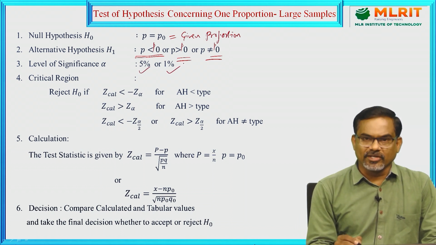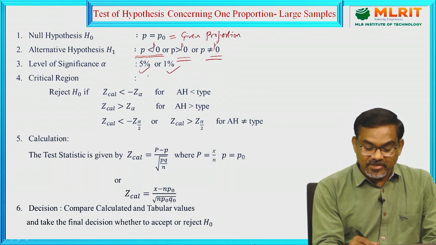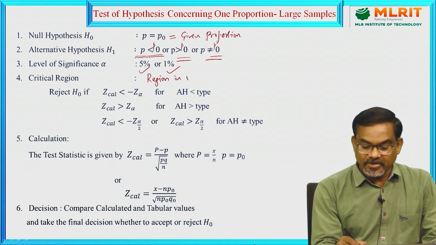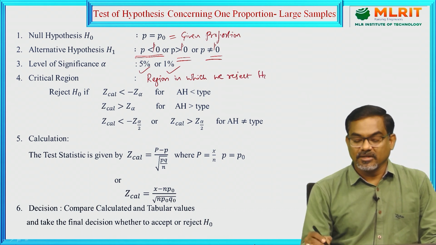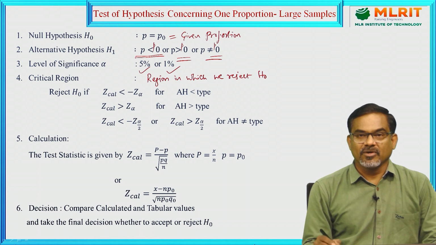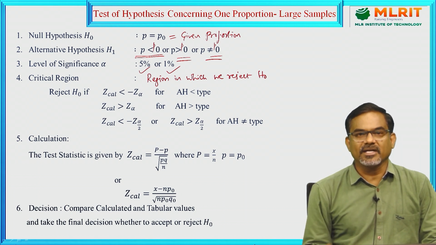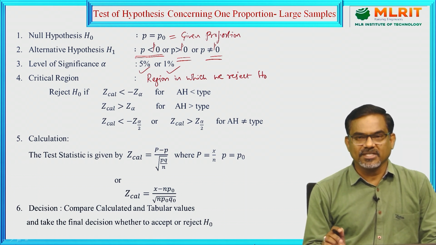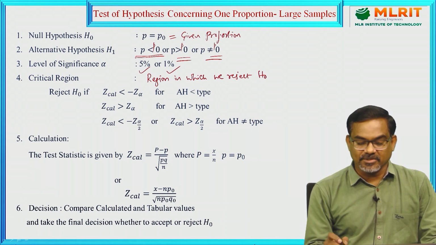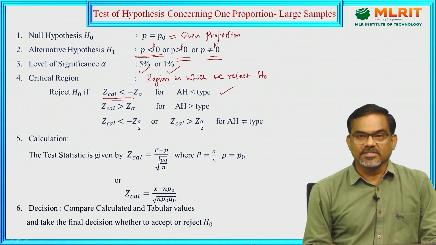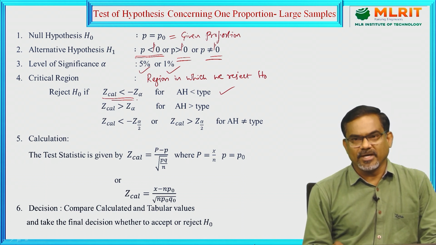Now, the critical region is the region in which we reject the null hypothesis. So, in step 4, we write the conditions when we have to reject the null hypothesis. Again, this depends on the alternative hypothesis. If it is less than type, reject the null hypothesis when Z calculated is less than minus Z alpha.